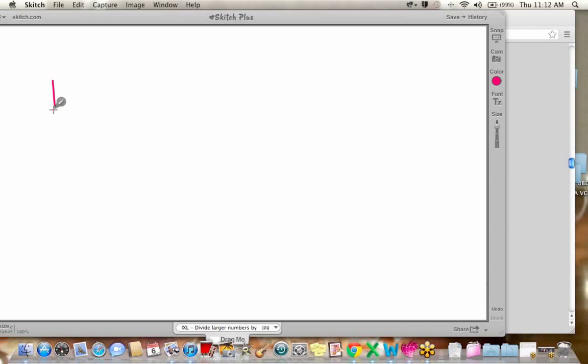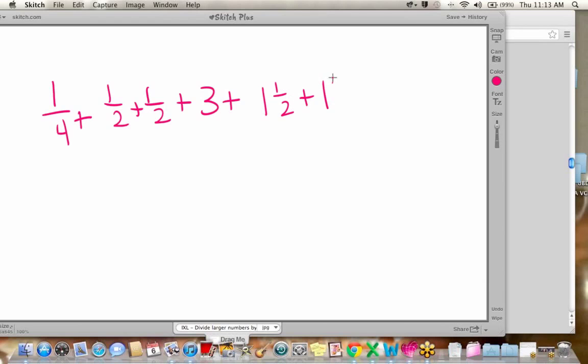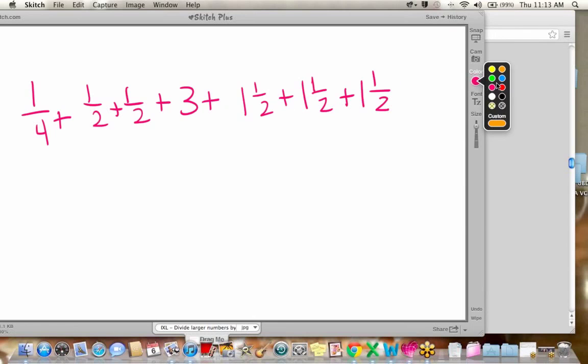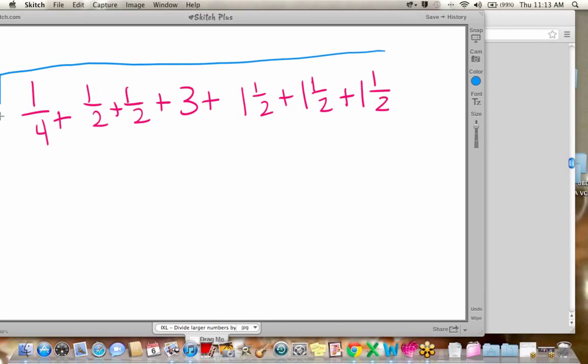Let's see, we had 1/4 of a pizza, plus 1/2 of a pizza, plus another half of a pizza, plus 3 whole pizzas, plus 1.5, plus 1.5, plus 1.5. Okay, that's a lot of pizza. Here we go. So it's a massive addition problem, basically.